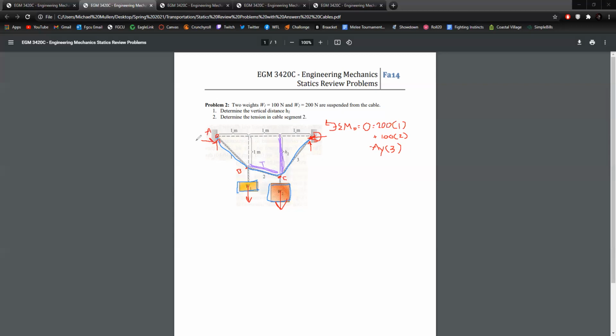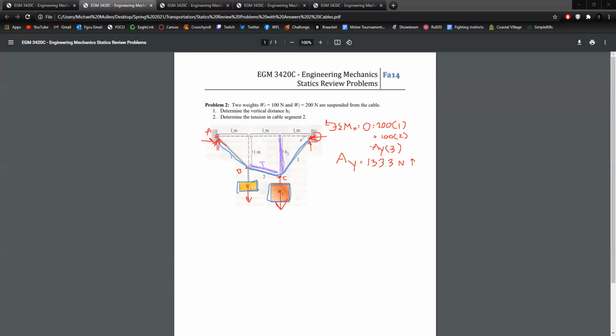AX is not included because as AX moves all the way to the right, it passes through D, and so it's not part of our moment equation. Therefore, we can say, after solving this, that AY is equal to 133.3 newtons going up, because we get a positive answer, so our assumed direction of up is correct.